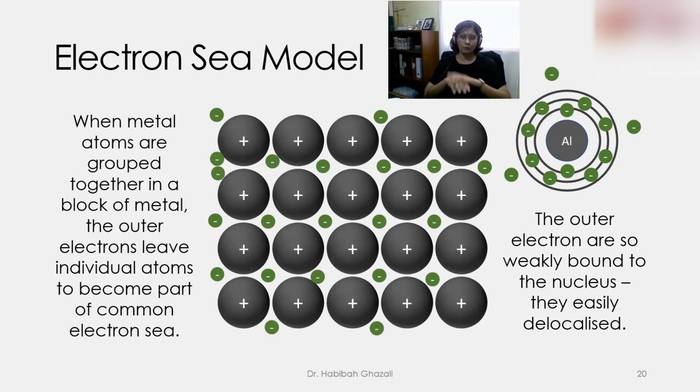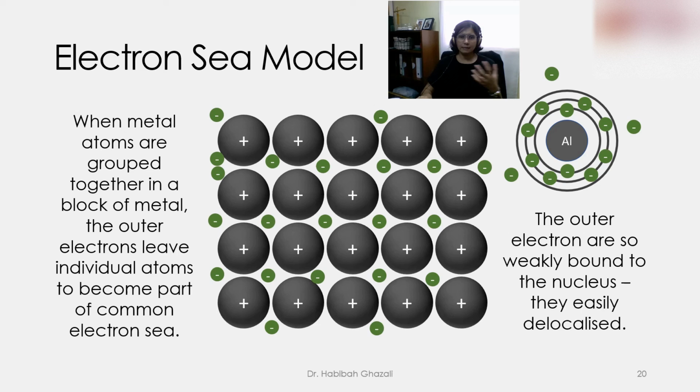When we have a cluster of aluminum atoms grouped together in a block of metal, the outer electrons of all of these atoms will leave the individual atoms and become part of the common electron sea. So all of these electrons are shared by all of the atoms in this block.